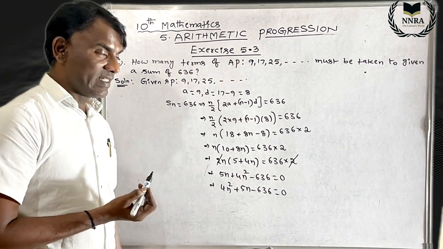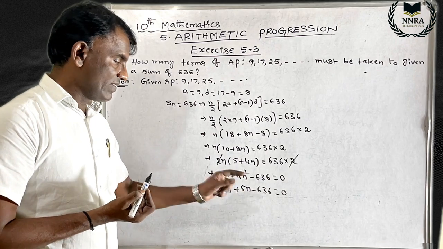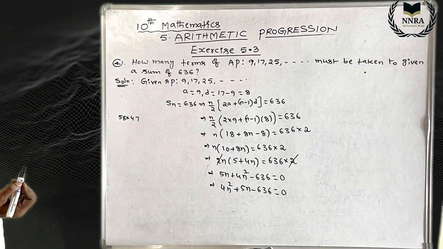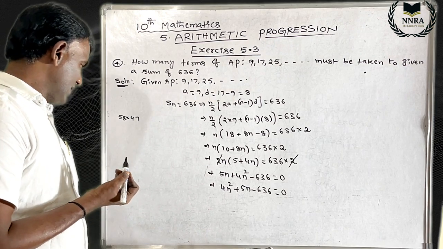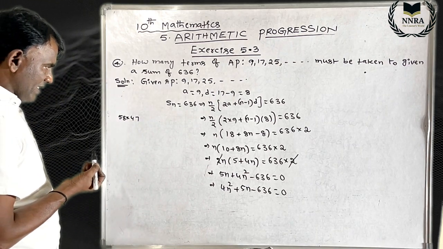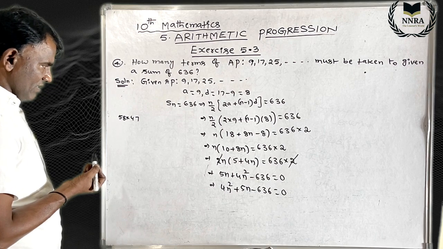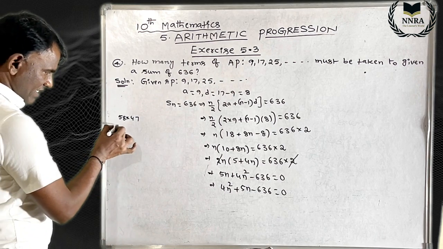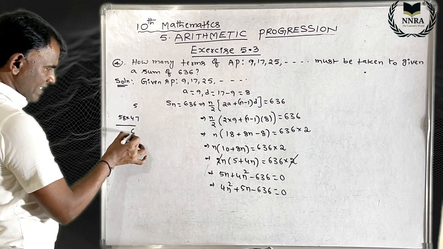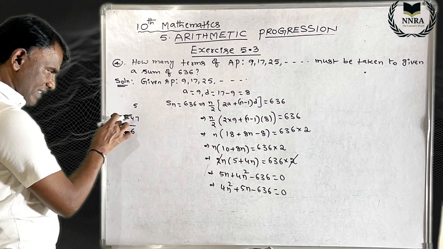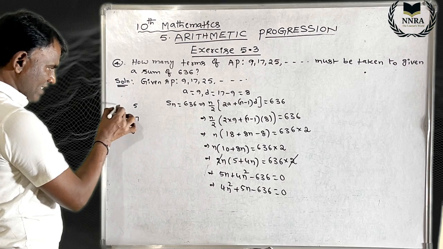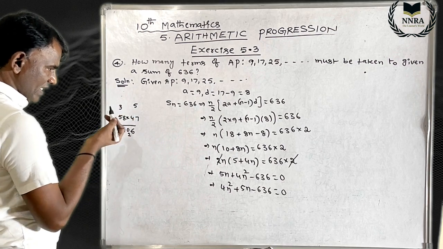It is minus 636, but the difference is 5. If you take 58 into 47, what is the difference? 58 minus 47, 5, okay. And how much is the product? 7 8 is 56, 7 5 is 35 plus 5 is 40, 4 8 is 32, okay.